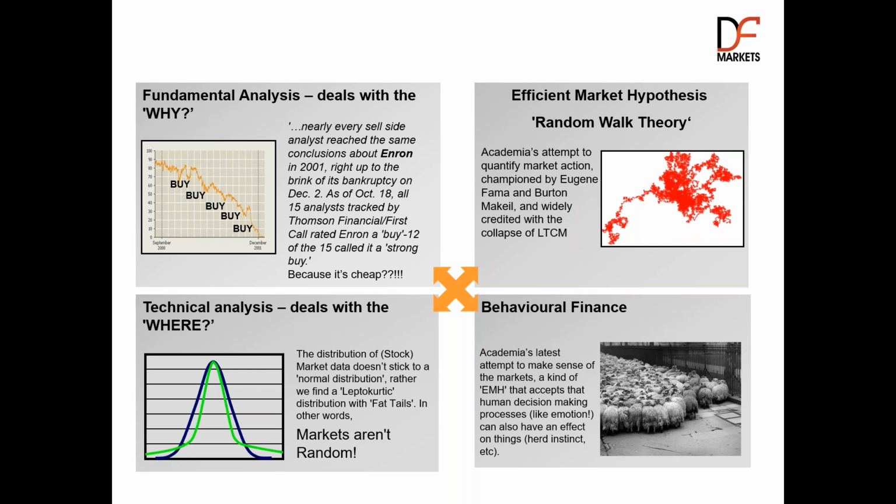They came up with a version of efficient market hypothesis, which says things are pretty random, but then occasionally emotion takes over, the emotion of the herd. That's why I've got a picture there of a bunch of sheep, all following each other, the herd instinct and other such things that are behavioural as opposed to rational, that can sometimes take over the markets and produce trends.